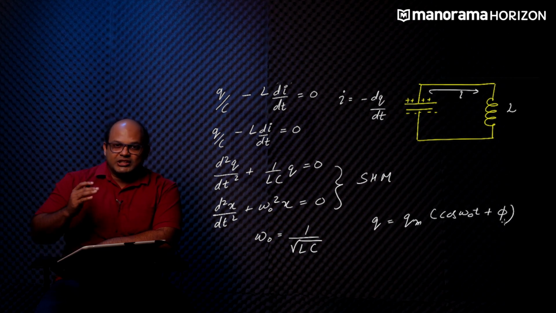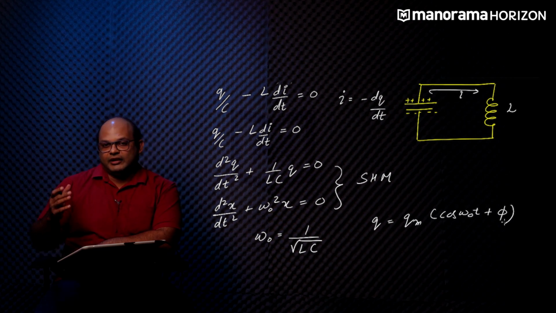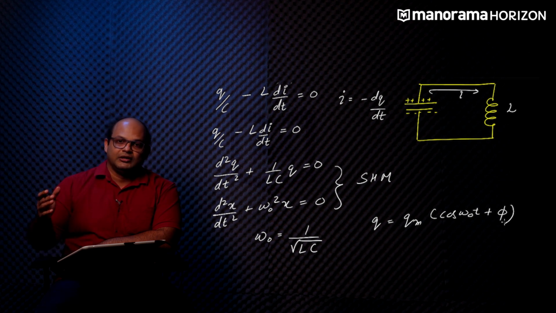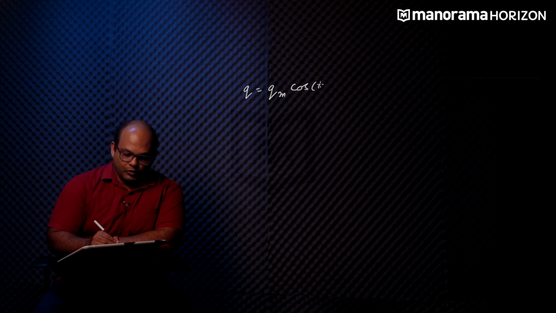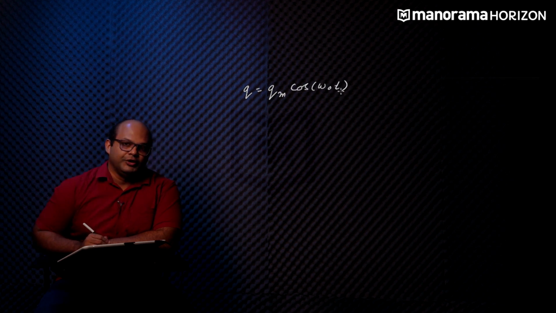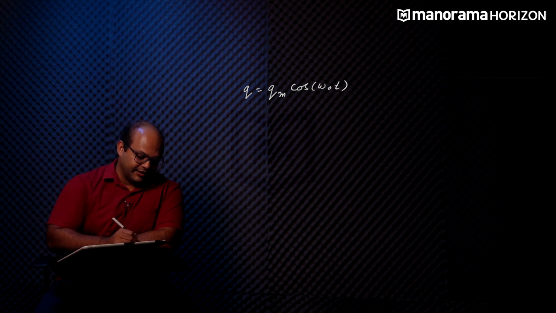Now, when we just begin the experiment, as I said before, there is no back EMF in the inductor, there is no charge or current flowing through the inductor. So we can say that at this time, phi is equal to 0. There is no phase difference. So this tells us that Q is equal to Qm cos omega naught t. We do not have to consider phi in this case because there is no phase difference at this time.